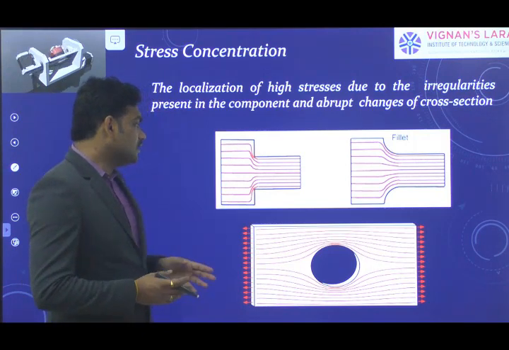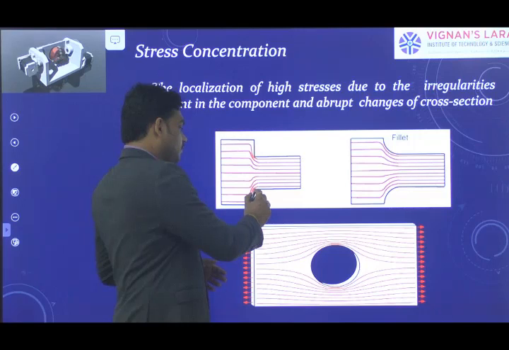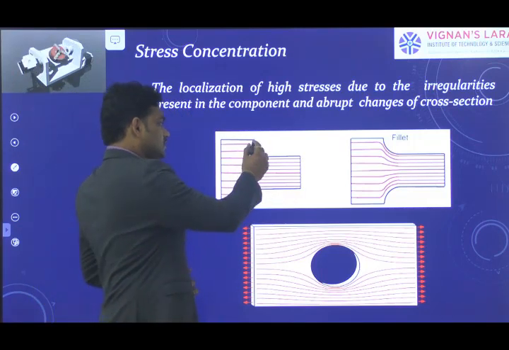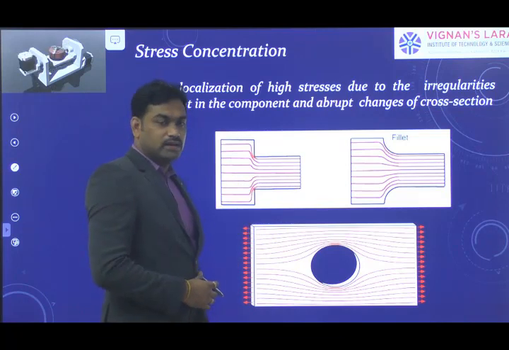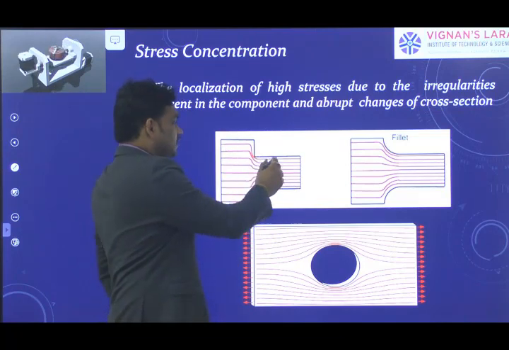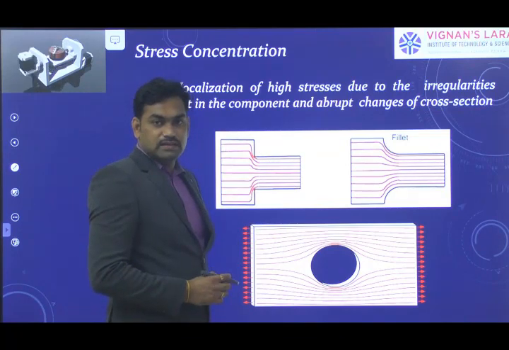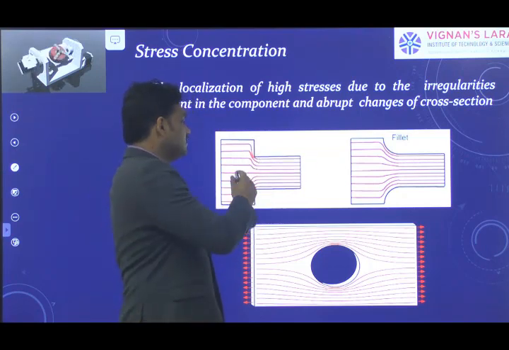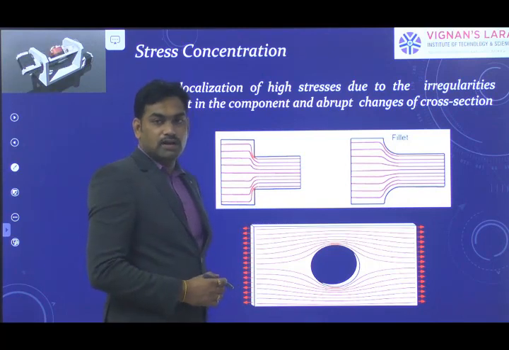Here, if you provide a shoulder, that is a stepped shaft, the stress lines tend to bend. There is a sharp bending of the lines from the larger diameter to the smaller diameter.